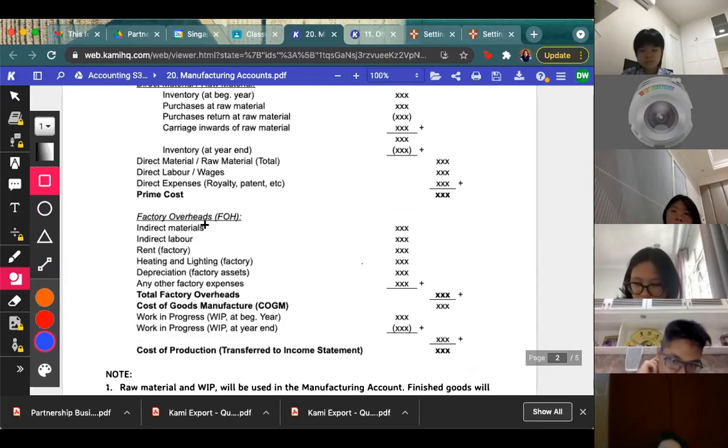The factory overheads, we have indirect material, we have indirect labor. What is indirect material, by the way? Okay, think about you producing handphones, let's say Apple iPhone 10, iPhone 11, just for example only.